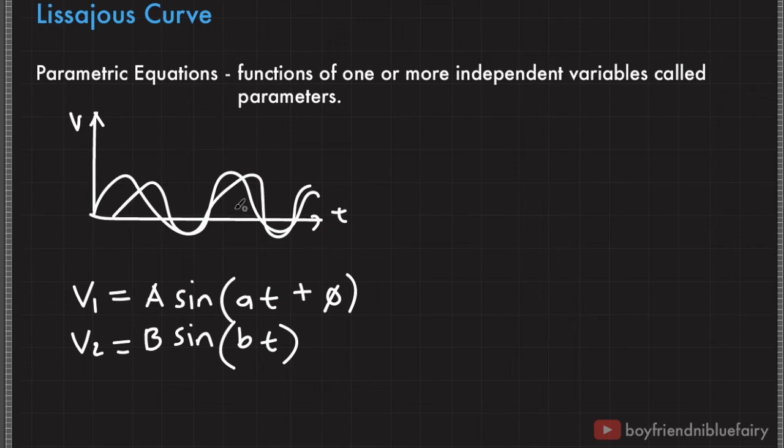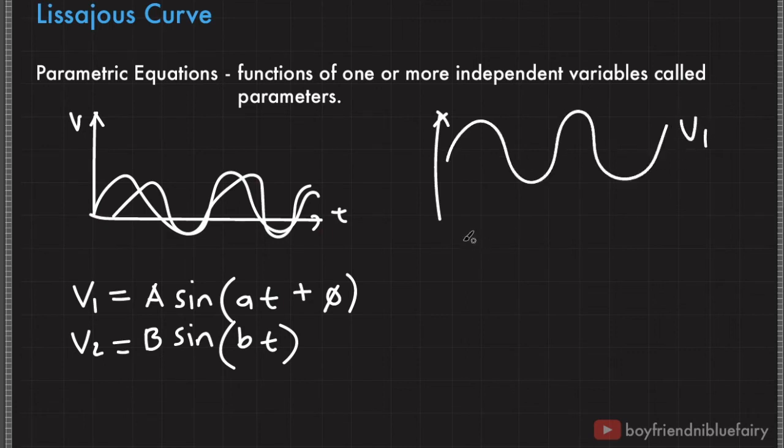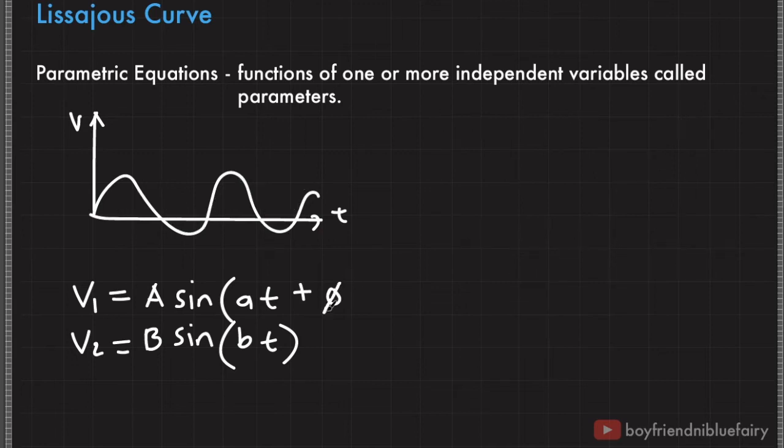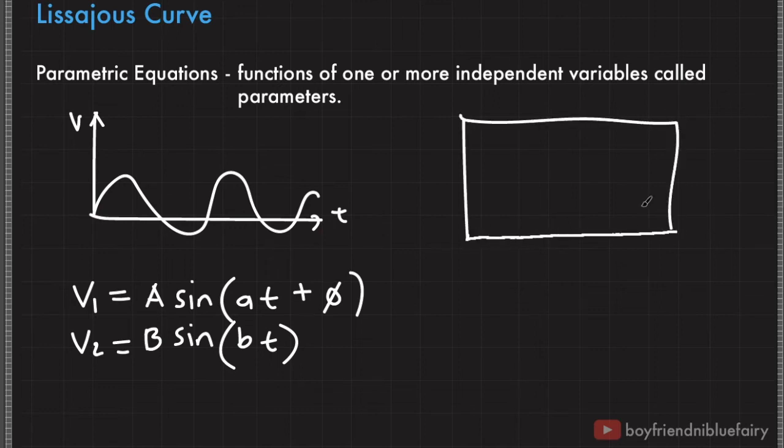Or you could actually separate them by just adding a DC level to one of them. So you could actually picture them as if this is V sub 1 and this is V sub 2. Something like that. But when we position one of the signals along the x-axis and the other signal along the y-axis and look at their intersection, for example, this is the oscilloscope screen and this is the x-axis and this is the y-axis.